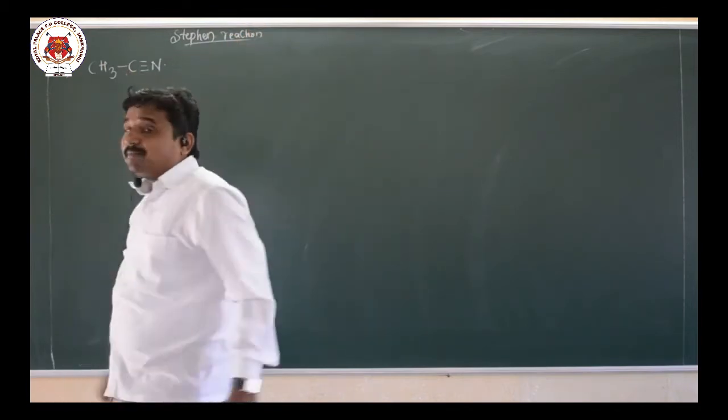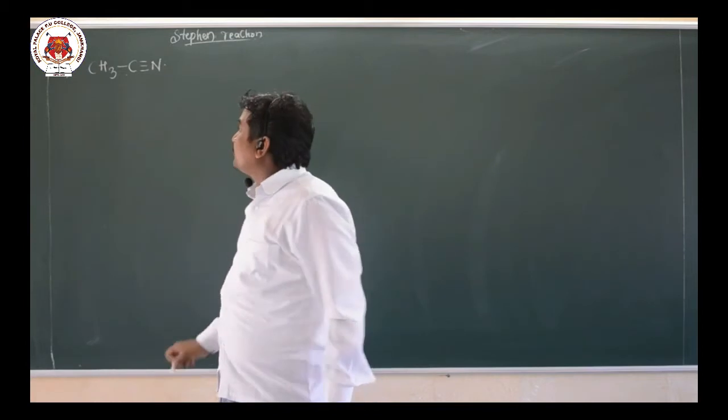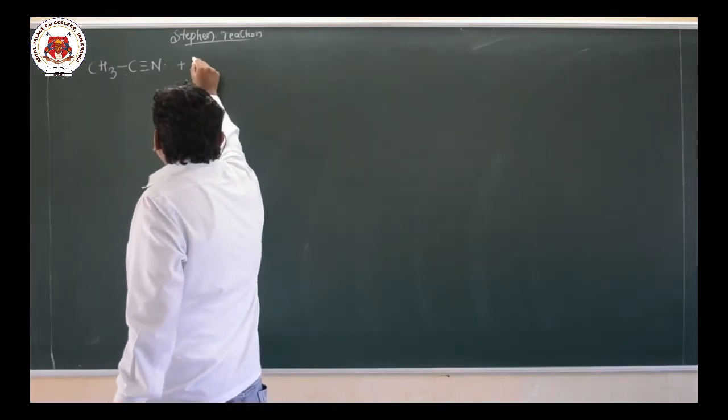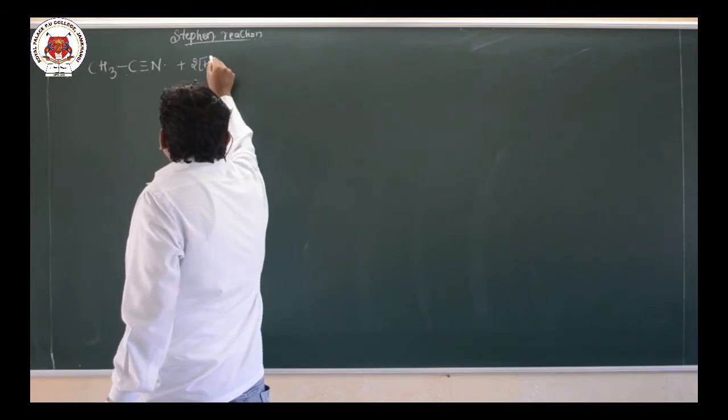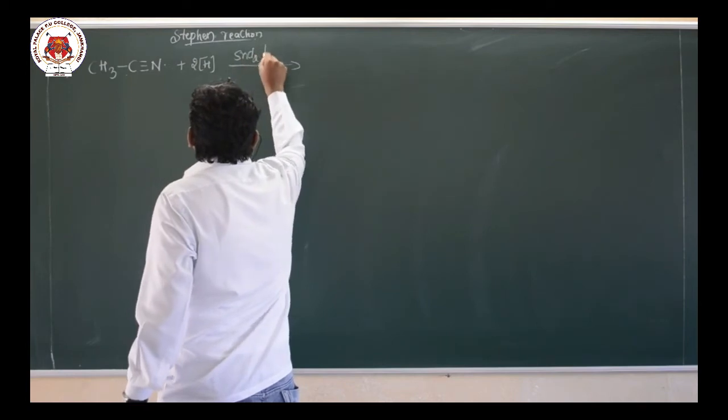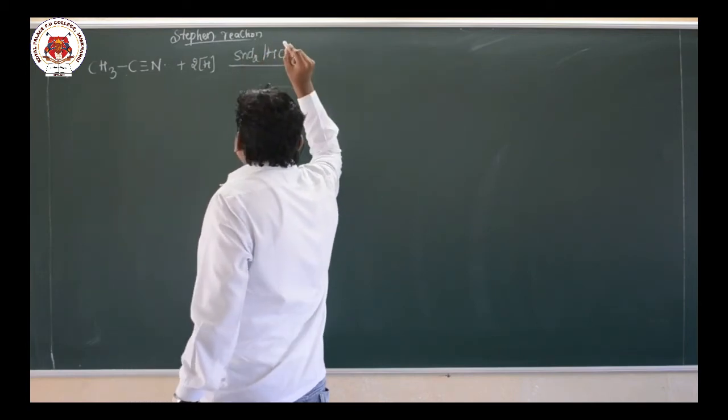The reduction of the nitrile compound or cyanohydrocarbon takes place in the presence of stannous chloride, SnCl2, in HCl. This gives an intermediate product.